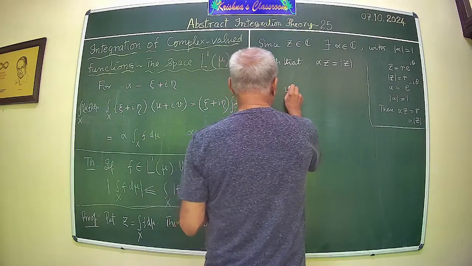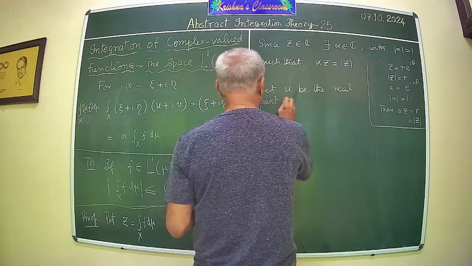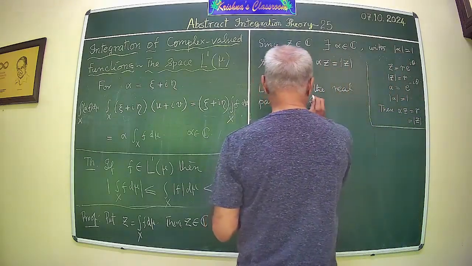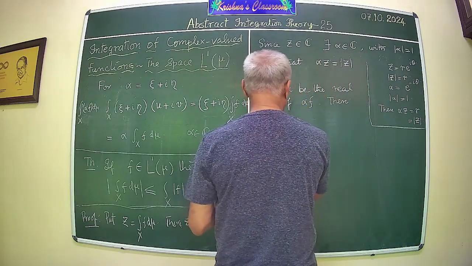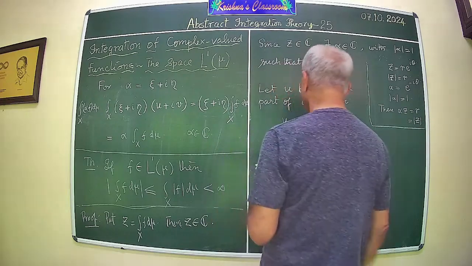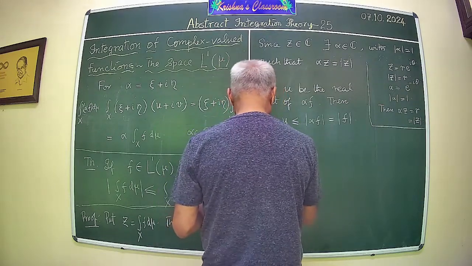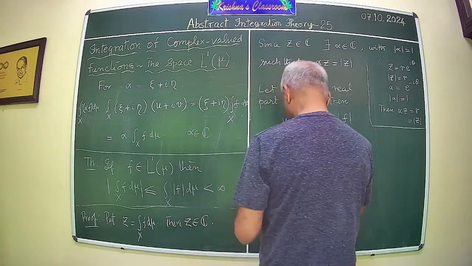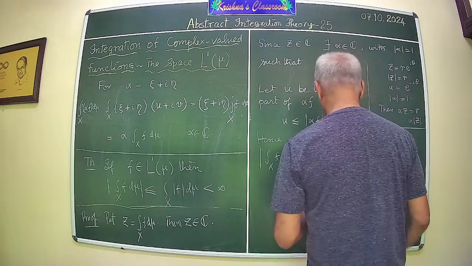Let u be the real part of alpha f. Then you have u is less than or equal to the integral of alpha f d mu, alpha comes from here.